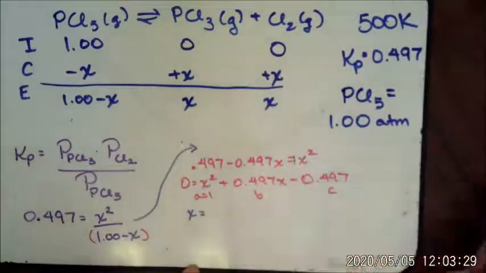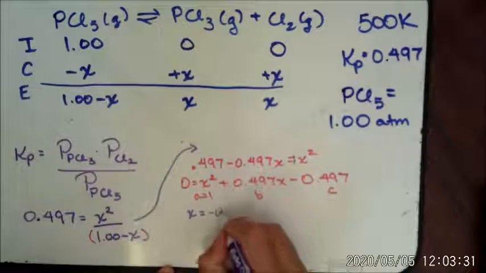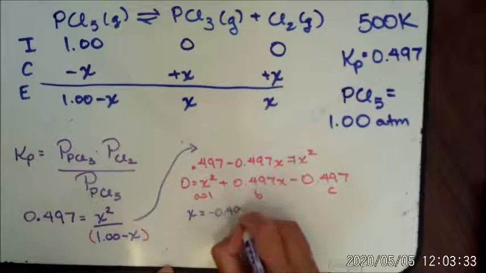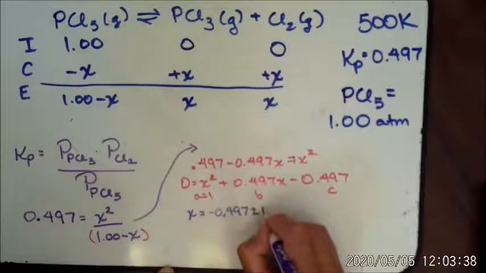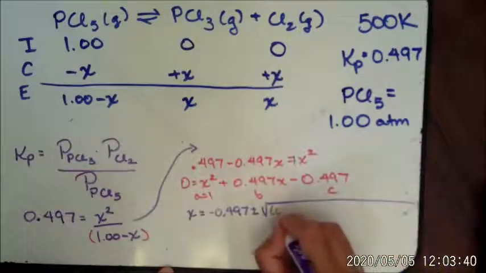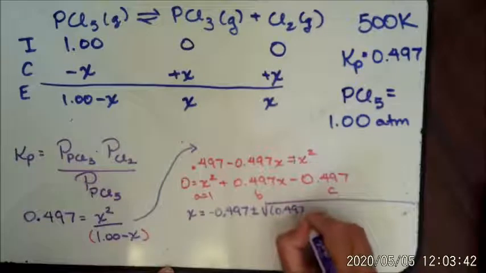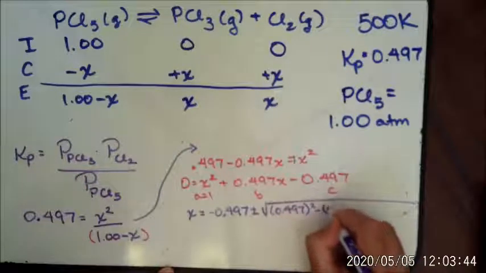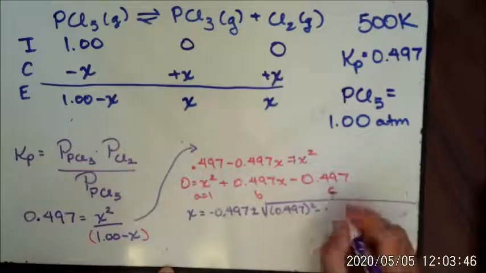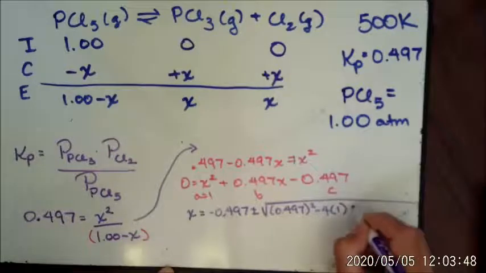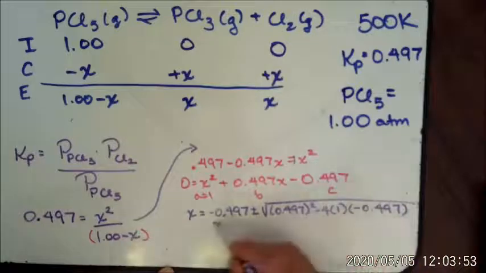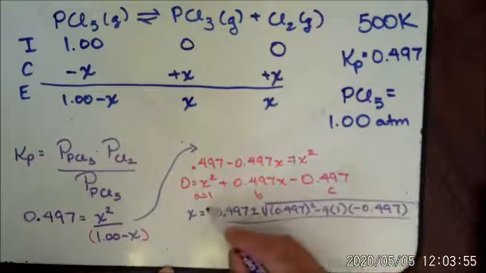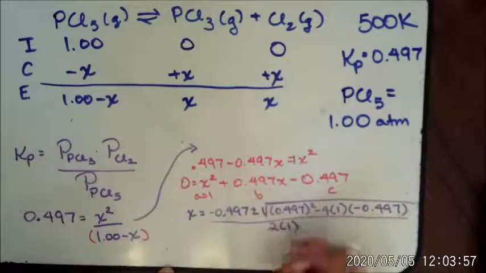Negative 0.497 plus or minus the square root of 0.497 squared minus 4 times 1 times a negative 0.497, all of this divided by 2a, so 2 times 1.